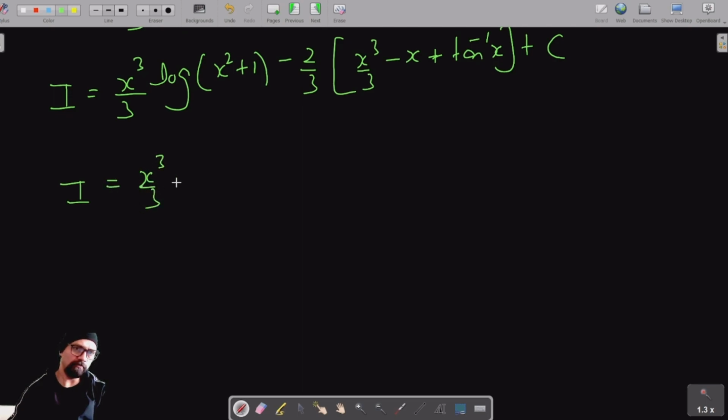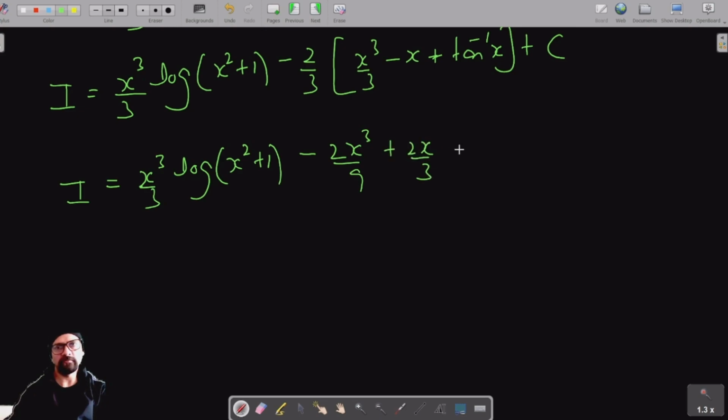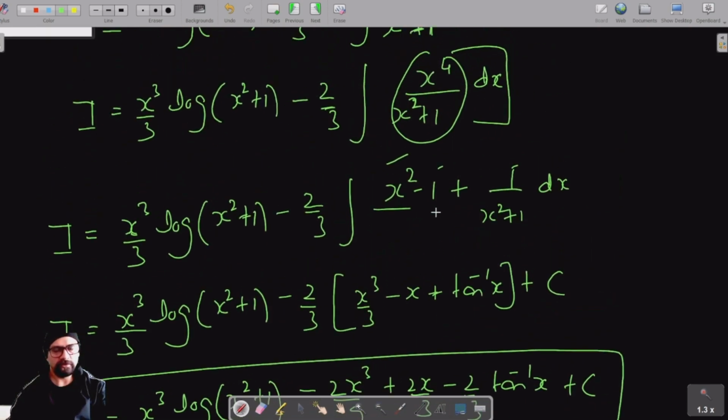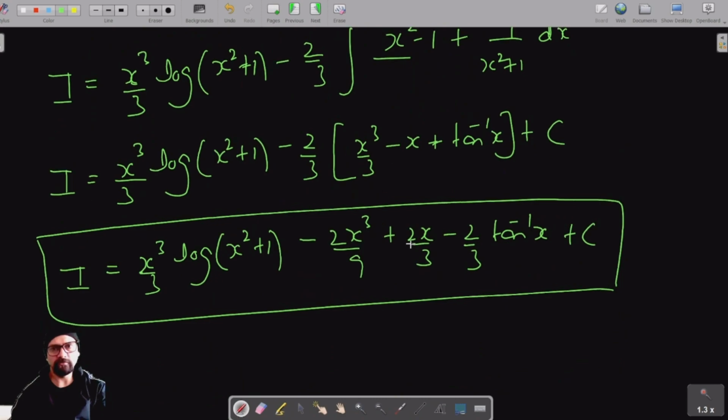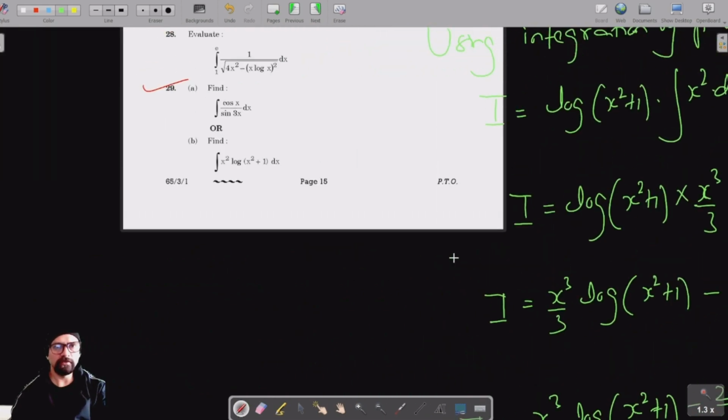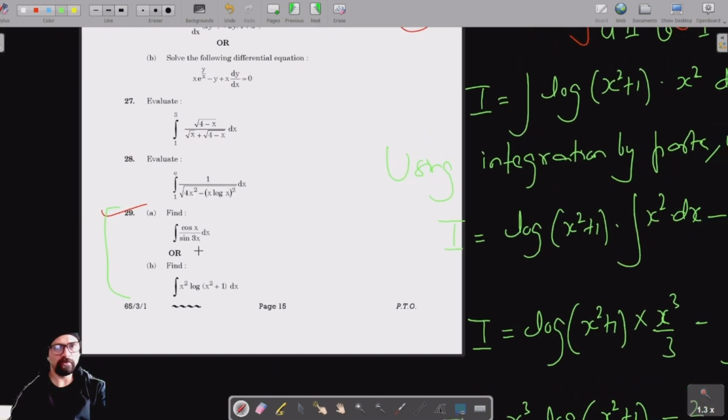So this is x cubed upon 3 into log of x squared plus 1, minus 2 by 9 x cubed plus 2x by 3 minus 2 by 3 tan inverse x plus c. And this solves our question number 29. Let's move on to question number 30.